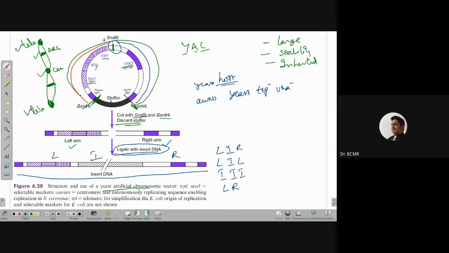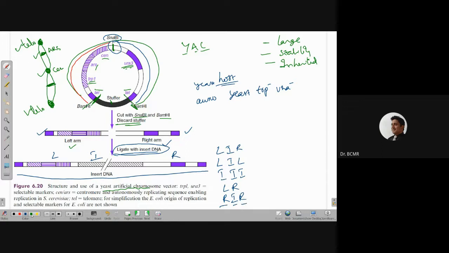Because we used SnaBI, we could also include a step where we might have treated these two with alkaline phosphatase so that self-ligation would not have occurred. So what else is possible? RIR, right arm, insert, right arm.